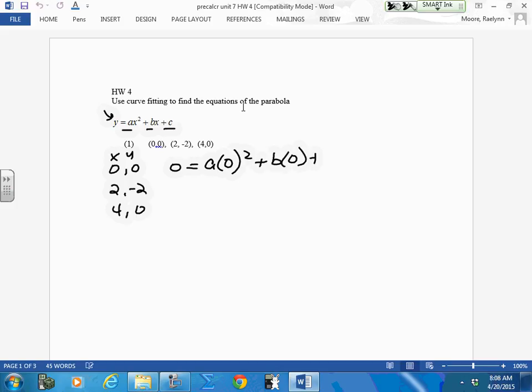These are your 3 unknowns, a, b, and c. Do the second one. Negative 2 is your y, and x is 2: 2 squared plus b times 2 plus c. Last one: 0 is your y, x is your 4.